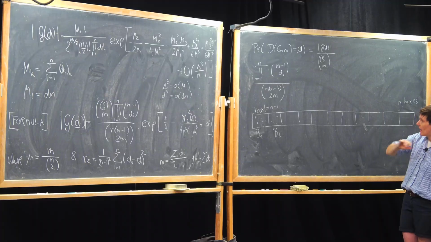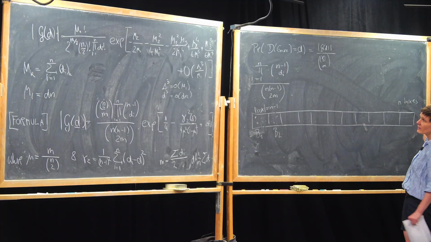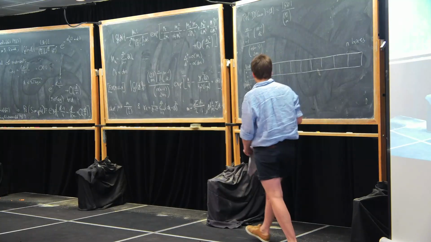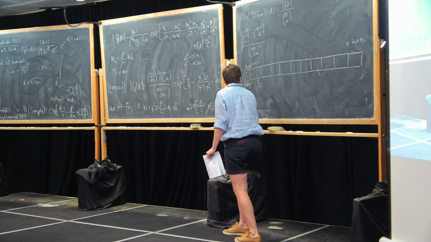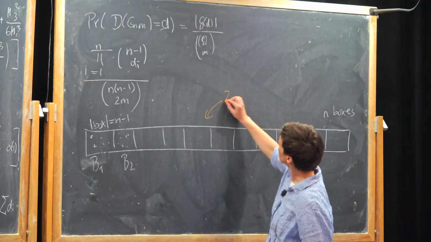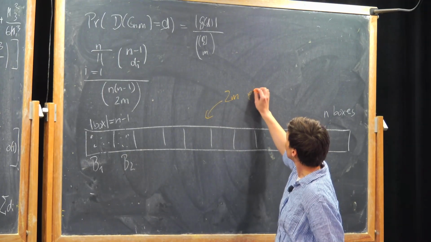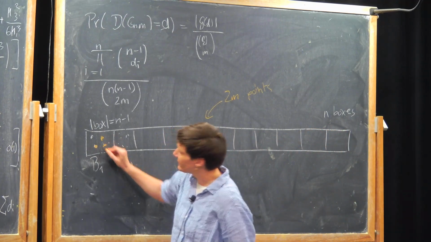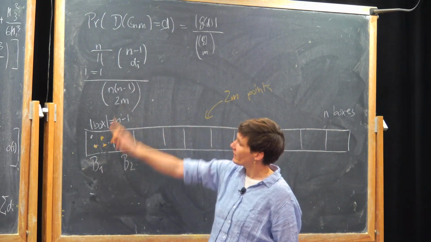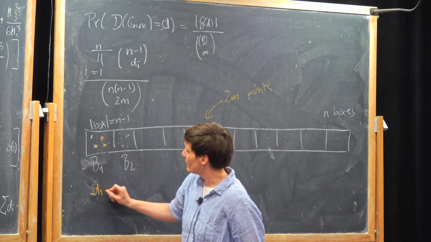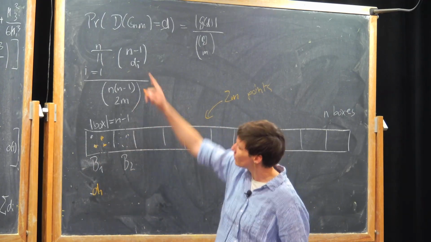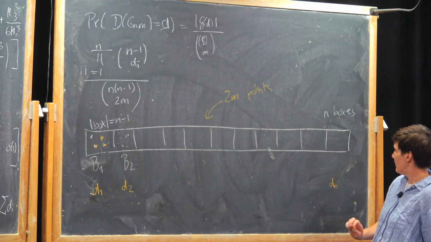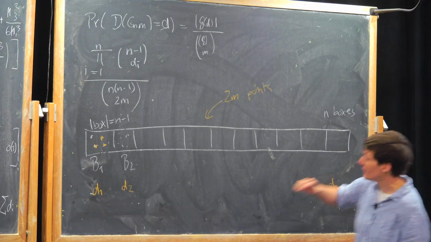Now, I throw into this whole arrangement 2m points or balls, and then I ask, what is the probability that I see exactly d_1 in box 1, exactly d_2 in box 2, and so on, d_n in box n.